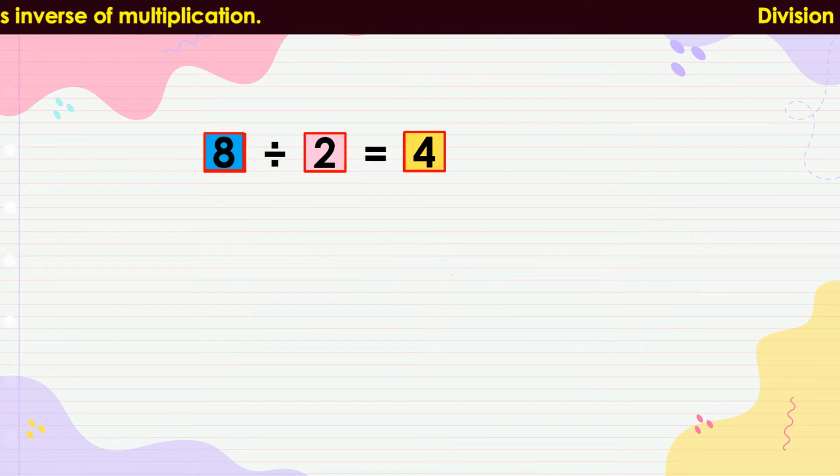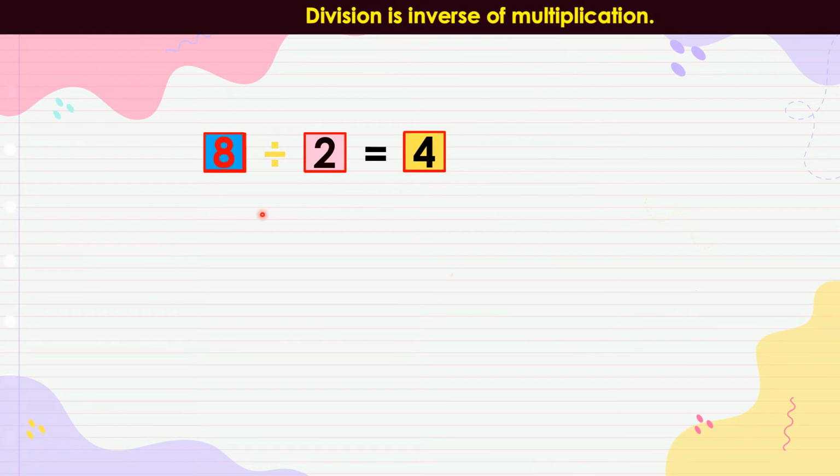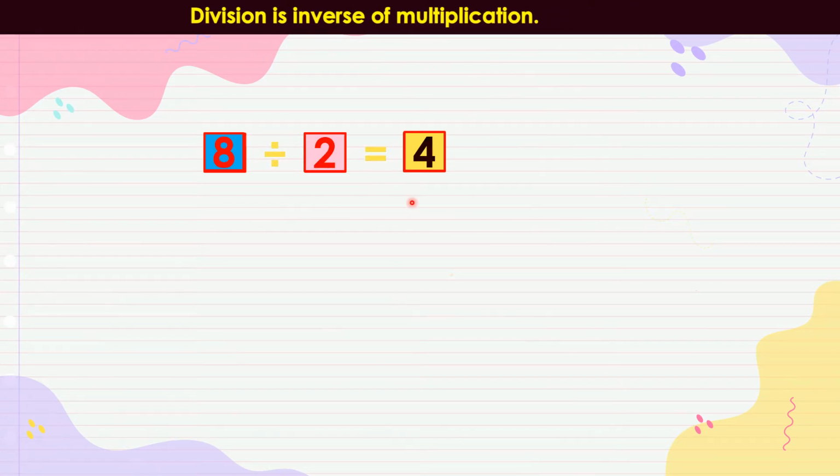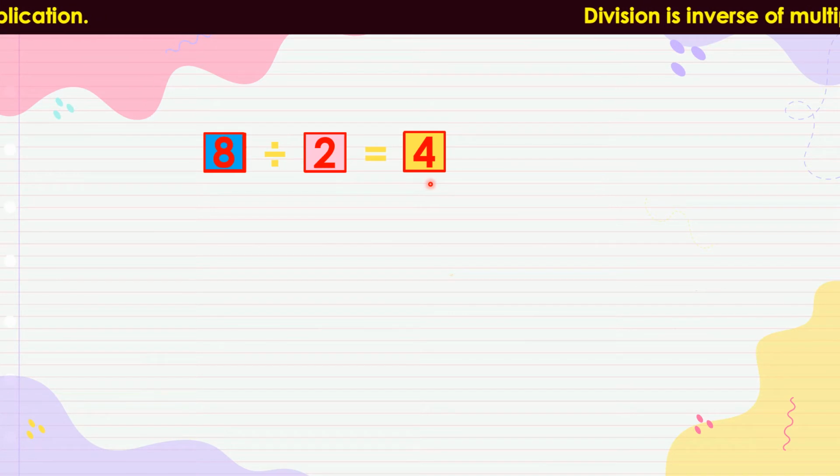Now, let's see how division is inverse of multiplication. 8 divided by 2 is equal to 4. A larger number divided by a smaller number is equal to another smaller number.